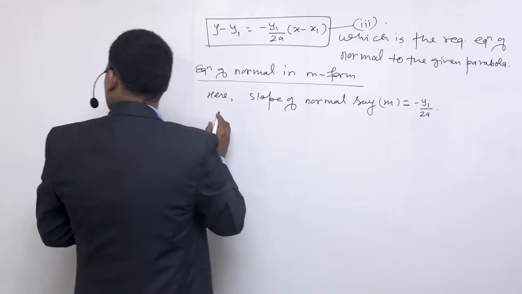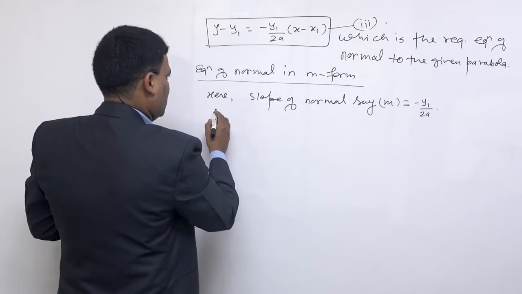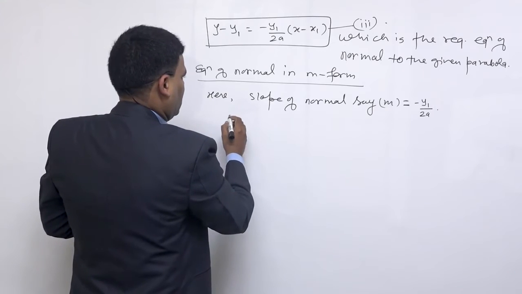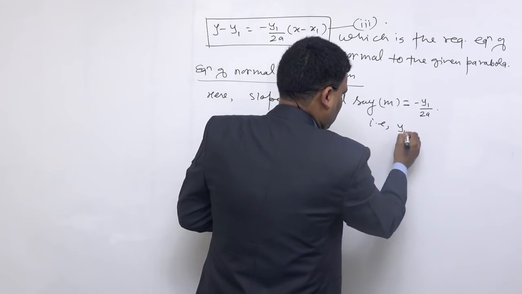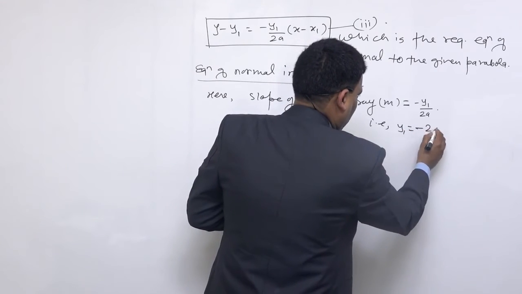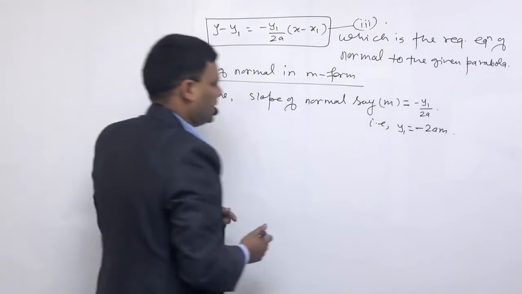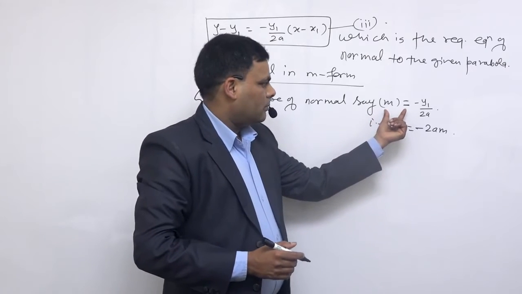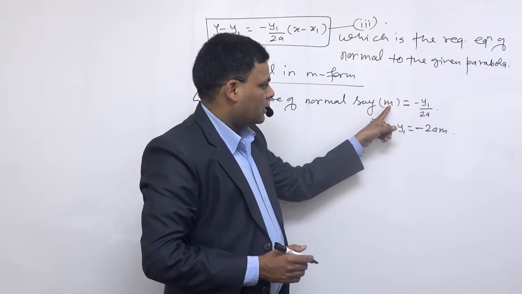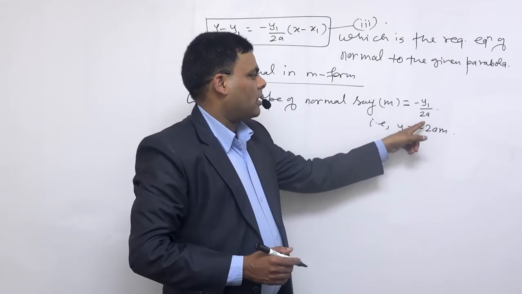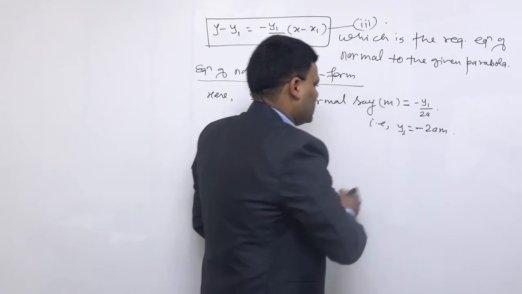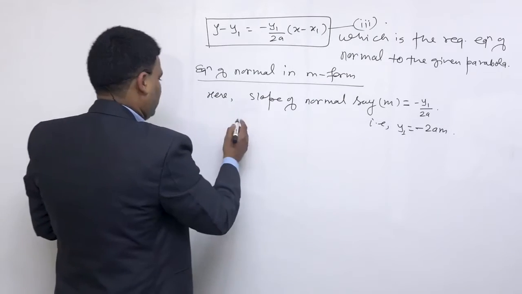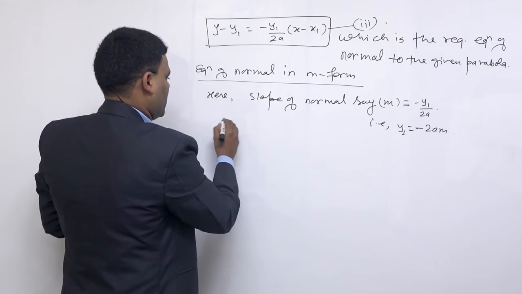From 2, that is y1 equals to minus 2am. While making cross multiplication, here it is m equals to minus y1 by 2a, cross multiplying, y1 equals to minus 2am.